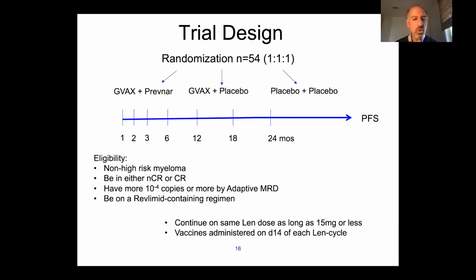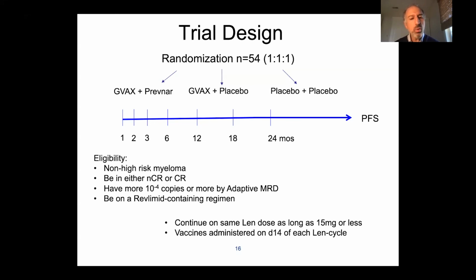I've listed the eligibility criteria here for anybody that may be interested and potentially eligible. So you have to have non-high risk myeloma. You have to be on a Revlimid-containing regimen and either in a near complete remission or a complete remission. So basically your M spike has to be 0. And then what we're doing is we are taking the bone marrow and sending it to Adaptive for MRD testing.